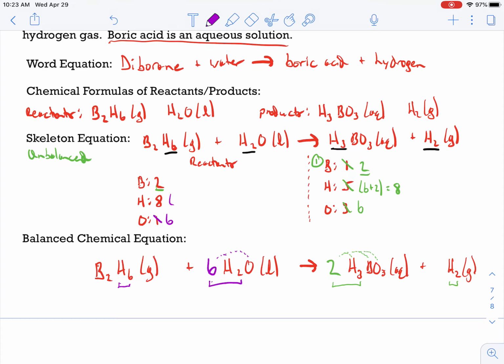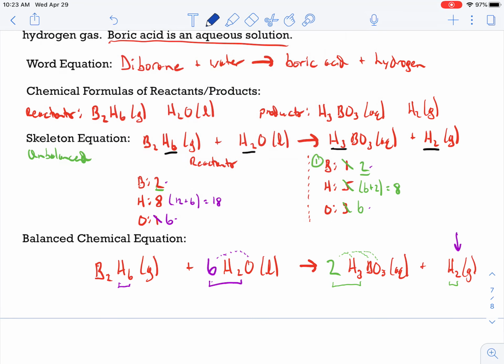So our new total for hydrogen is 12 from the water, plus the 6 from the diborane, giving us 18 atoms of hydrogen. So now boron is balanced, oxygen is balanced, but our hydrogen is no longer balanced. And this is why we always want to adjust the ones that are elements just by themselves last. They're the easiest to manipulate.